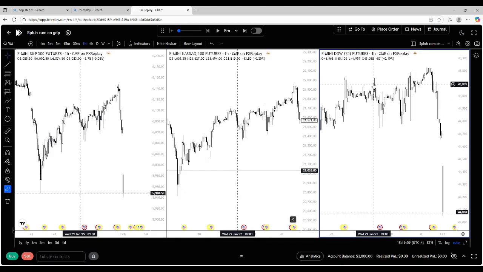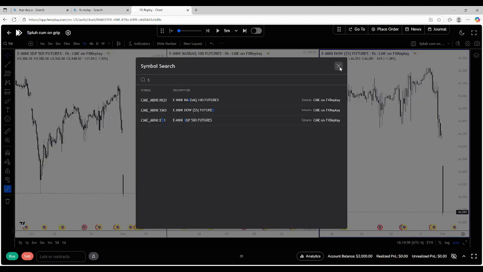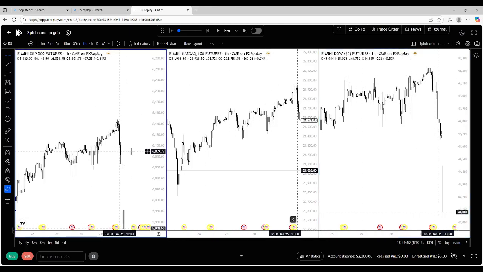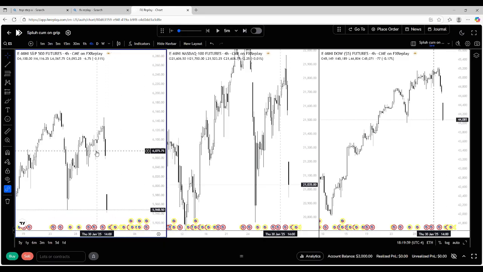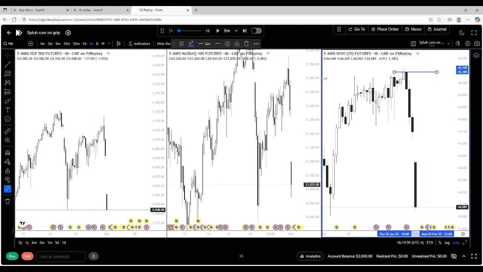This high. We hit it over here. This was a good example, where this 4 hour, the second YM traded into the high, we got that reversal.